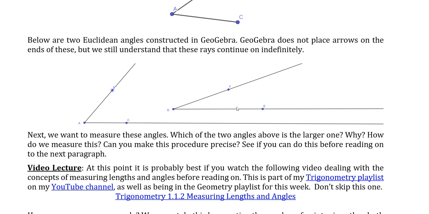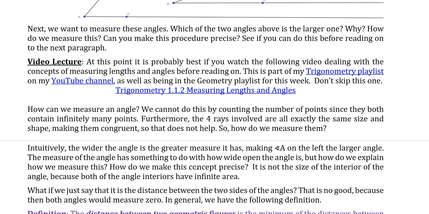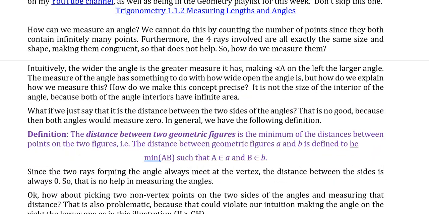Intuitively, we know that this is a bigger angle than this one, but how do we go about actually measuring that? Okay. And we ran into a couple of difficulties. The first one is this: the distance between two geometric figures is the minimum of the distances between any two points on the figure.